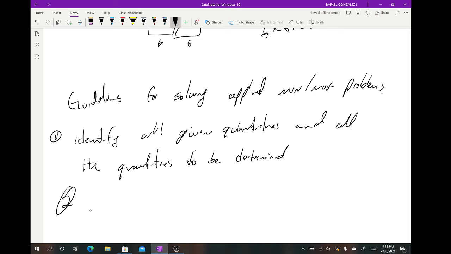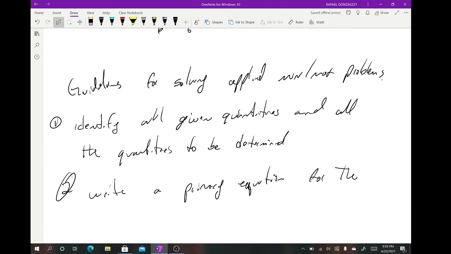Number two, we want to write a primary equation for the quantity that we want to maximize or minimize, or I would just simply say optimize, for the quantity we want to optimize.